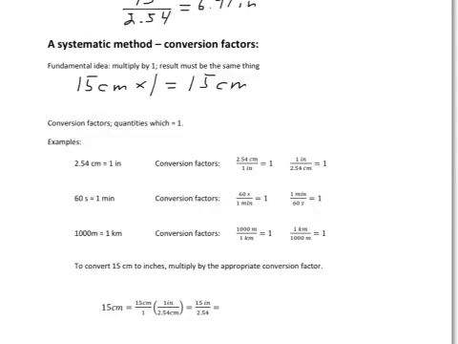So, for example, from this conversion, 2.54 centimeters equals 1 inch. If I divide both sides by 1 inch, I will come up with this: 2.54 centimeters divided by 1 inch equals 1. Or if I do the other way around, divide 1 inch by 2.54 centimeters, that too is equal to 1.